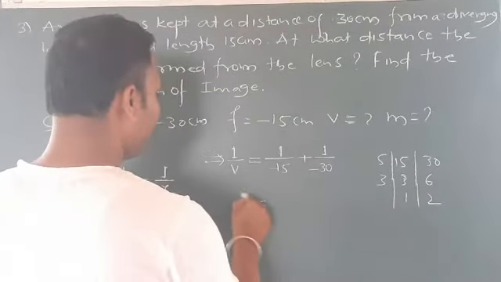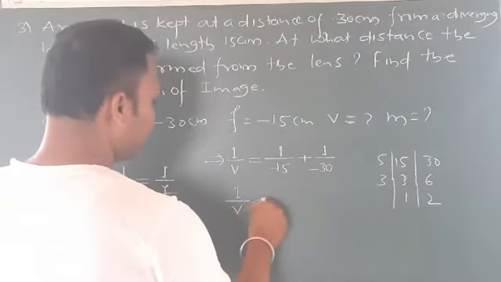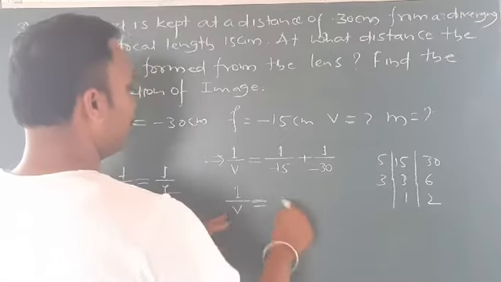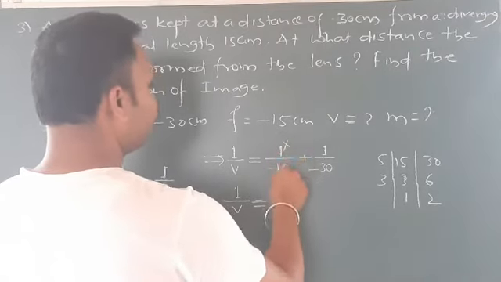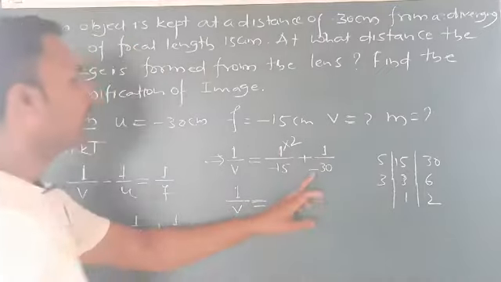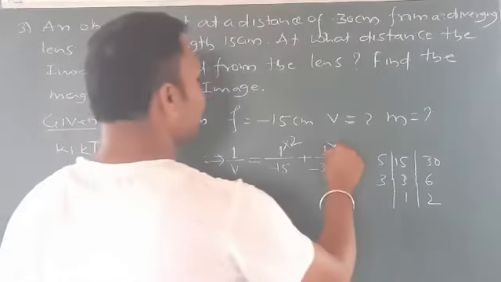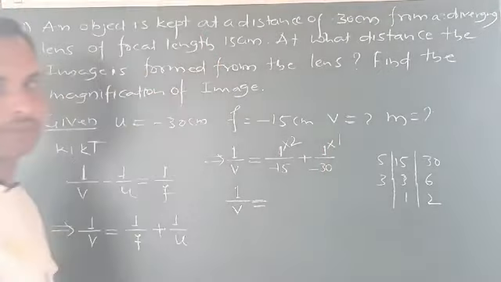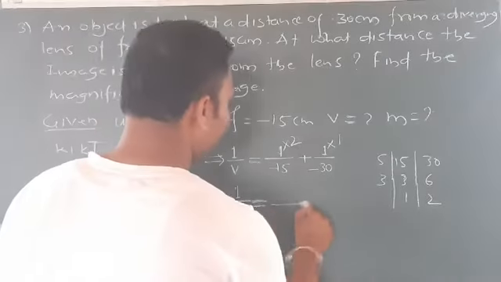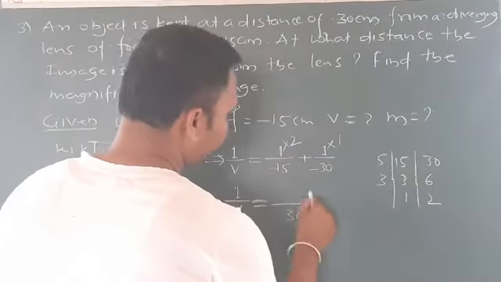So 1 by v is as it is. Next, this is 15 twos and this is 30 ones, so the LCM is 30.